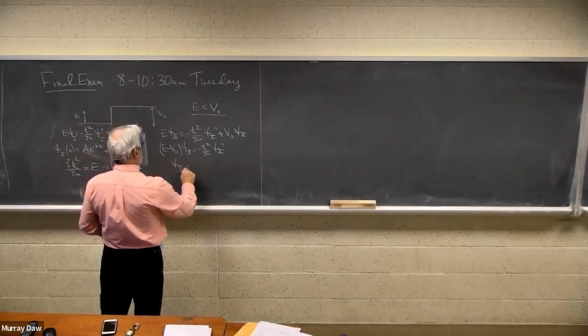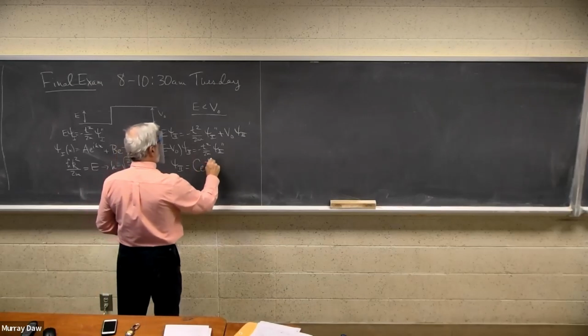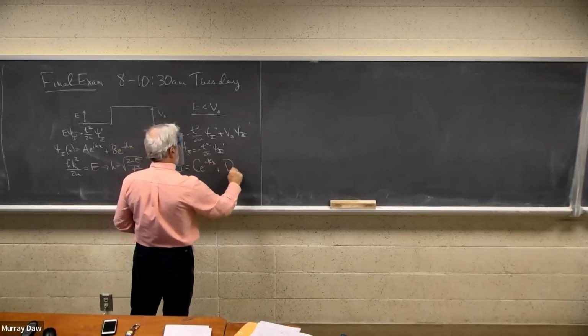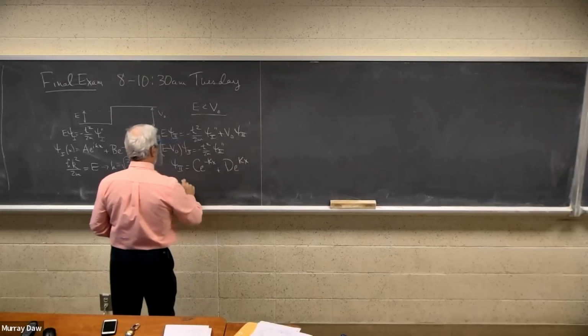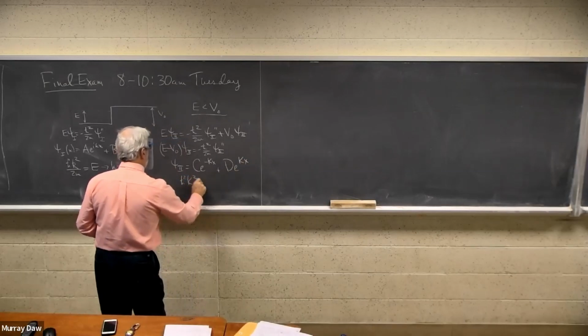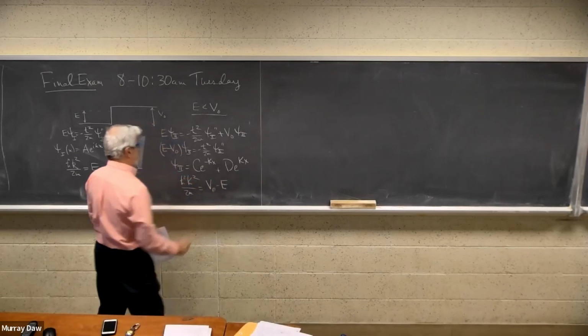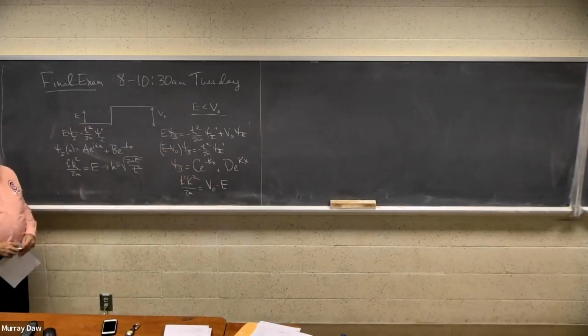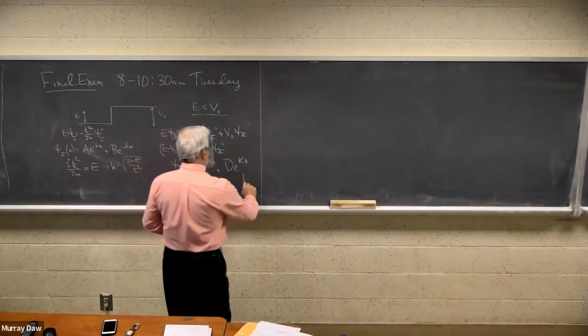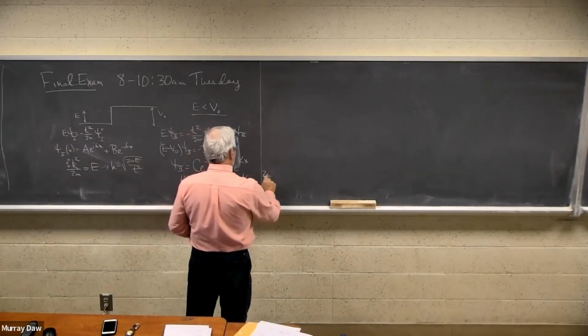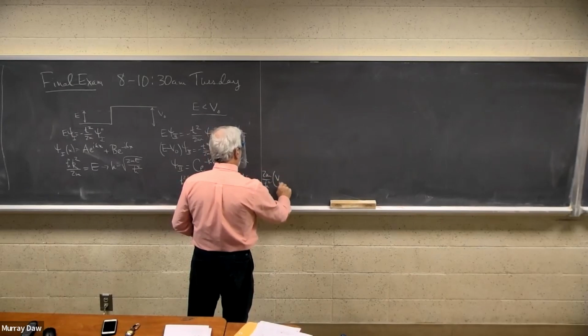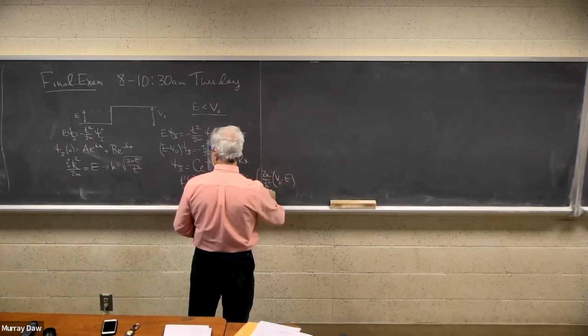The general form would be as follows: h bar squared kappa squared over 2m is equal to V0 minus E. So you get real exponentials rather than complex, and kappa is 2m over h bar squared times V0 minus E, all to the 1/2.